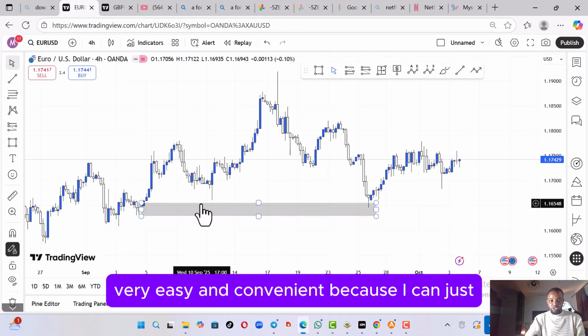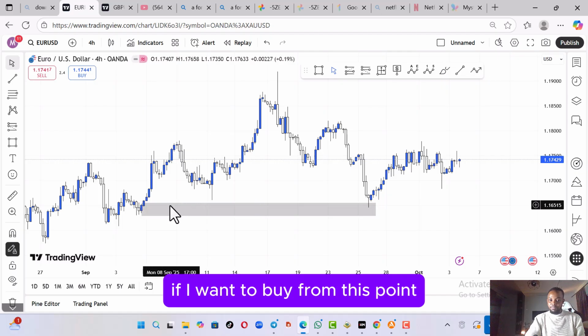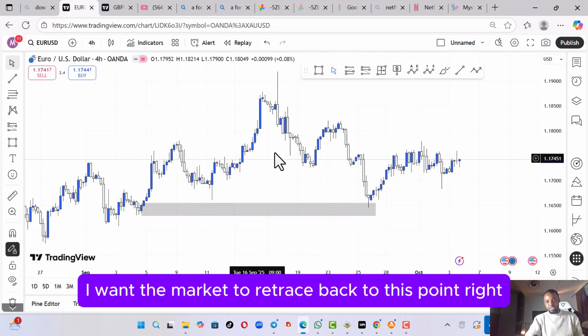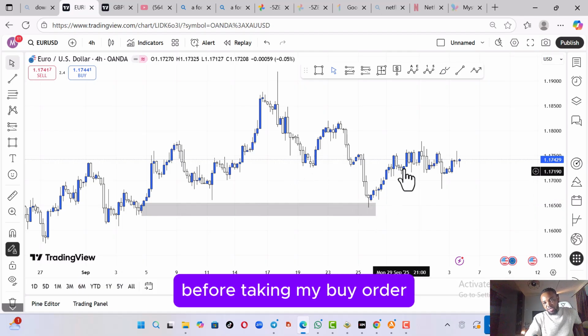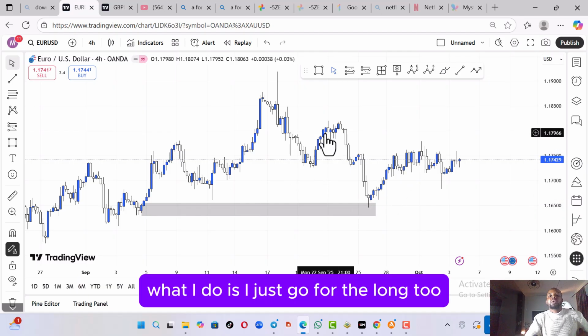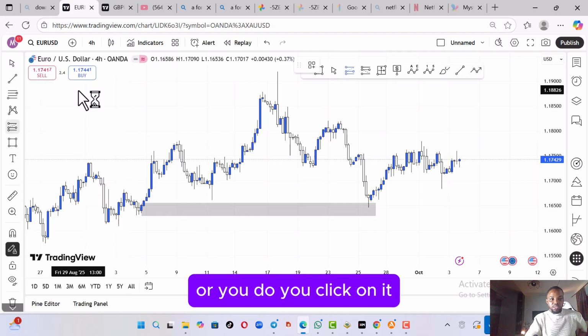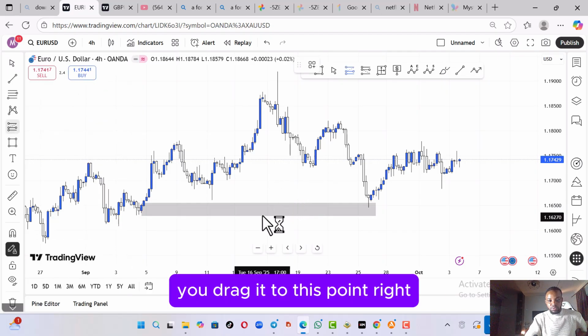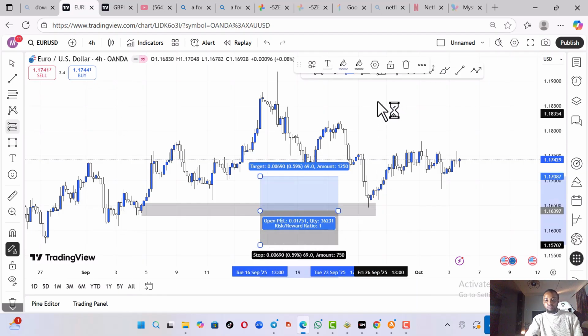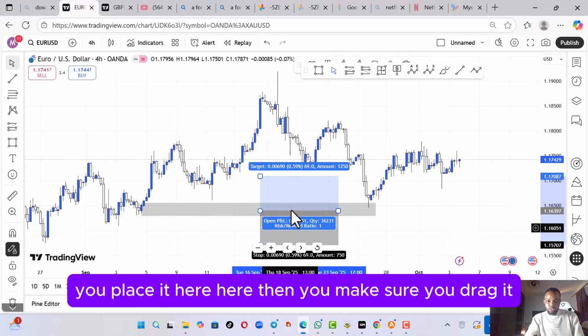If I want to buy from this point, I want the market to retrace back to this point, right? Before taking my buy order, what I do is I just go for the long tool. You click on it, you drag it to this point, right? You place it here.